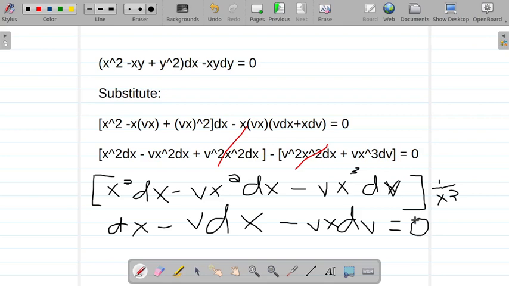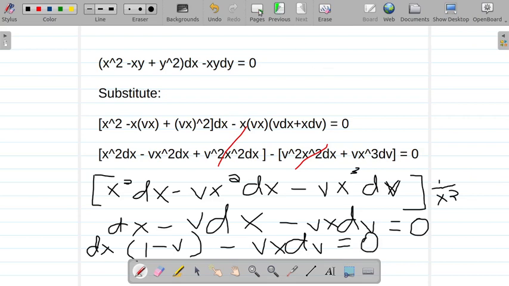So, next is common sa ila si dx. So, ipagawas na to si dx. Mahimo siyang 1 minus v minus vx dv is equals to 0.